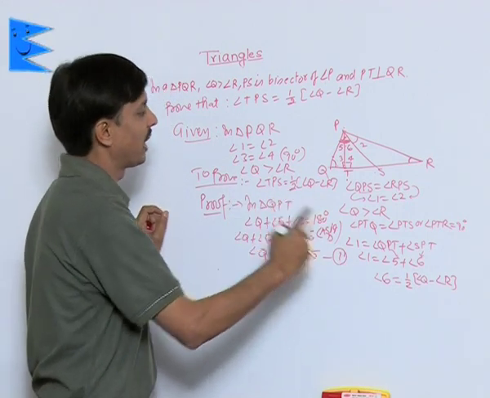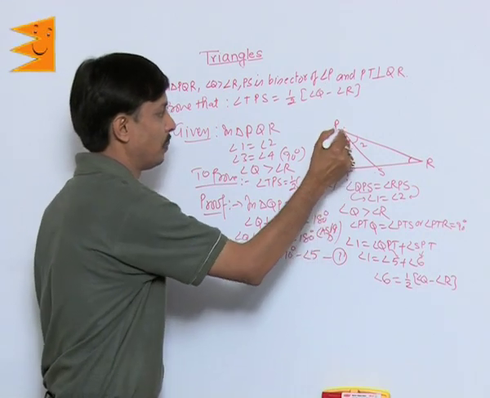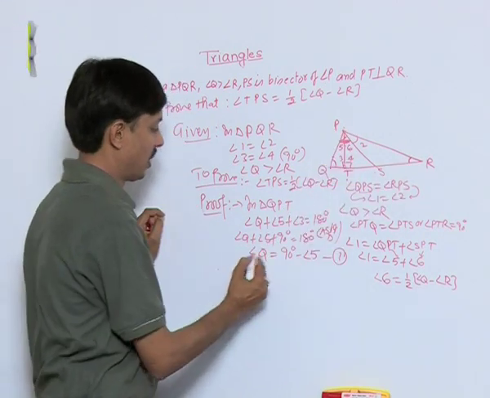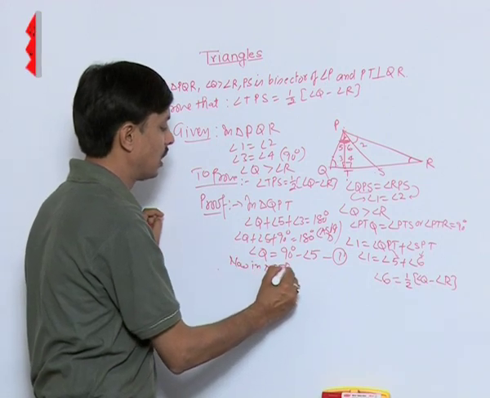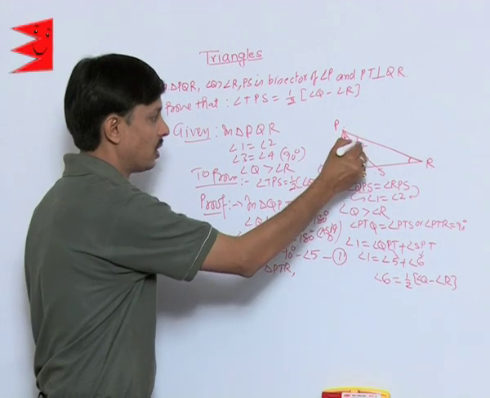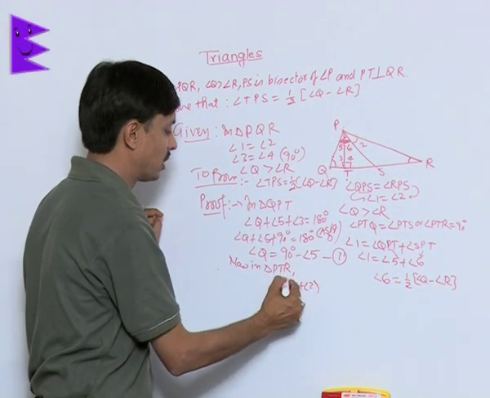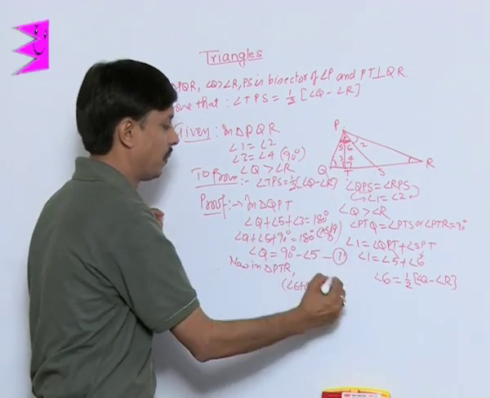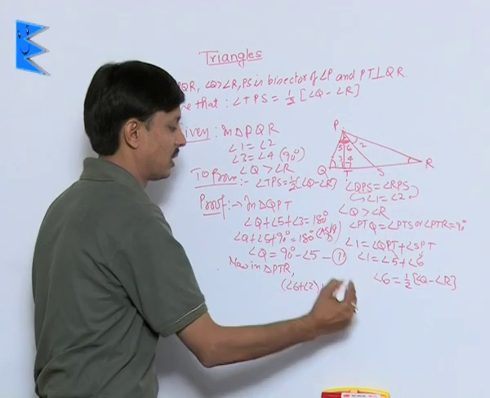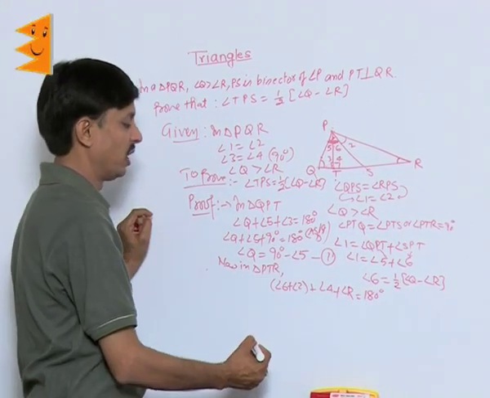Now I am taking the second right angled triangle, which takes the vertex R, that is PTR. Now in triangle PTR, I can say angle 6 plus angle 2 is one of the angles of this triangle PTR. Another is angle 4 and the third is angle R. Their sum has to be how much? 180 degrees.